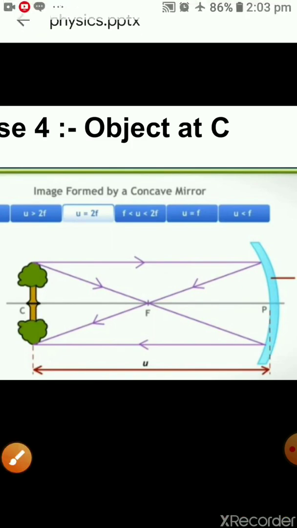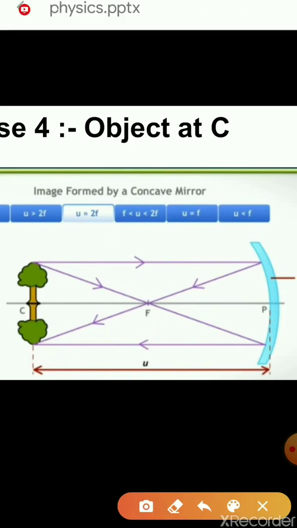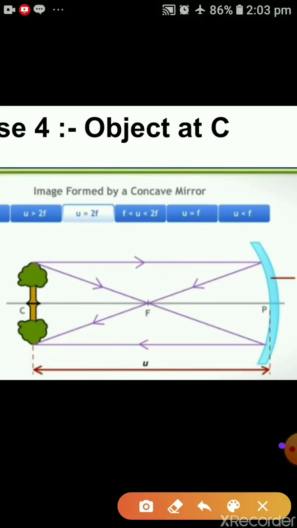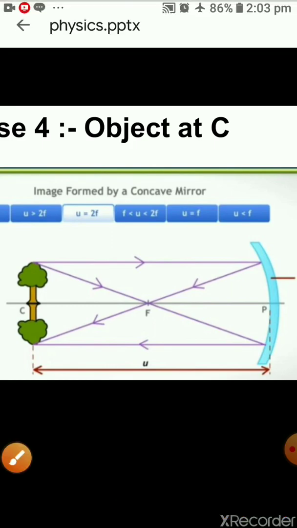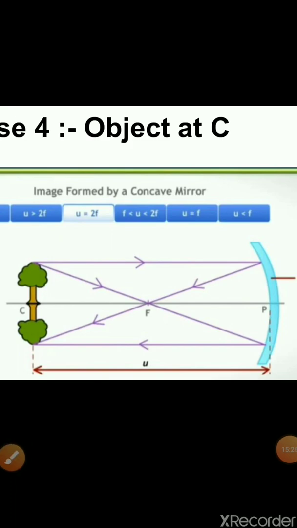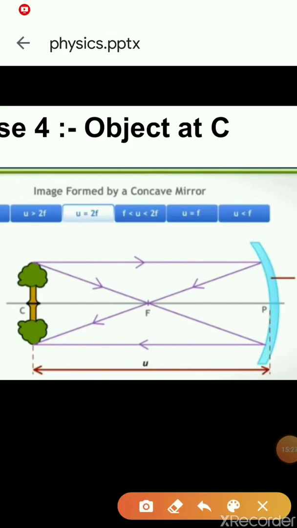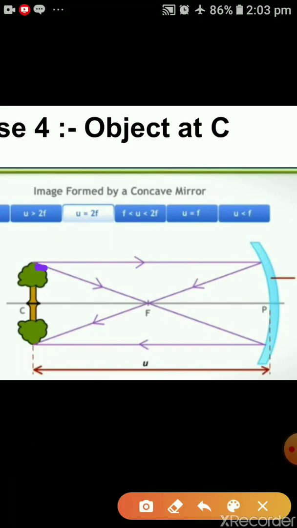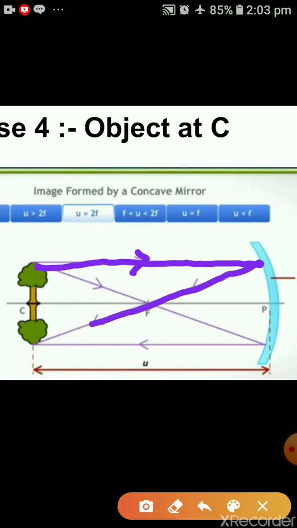So what we are seeing here: the first ray is coming from the object parallel to the principal axis, and it will pass through the focus. This is our first reflected ray.